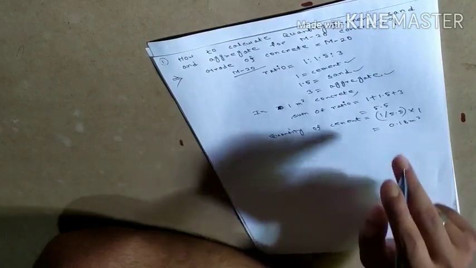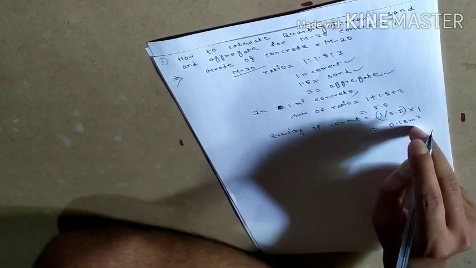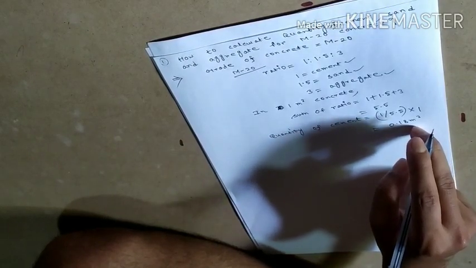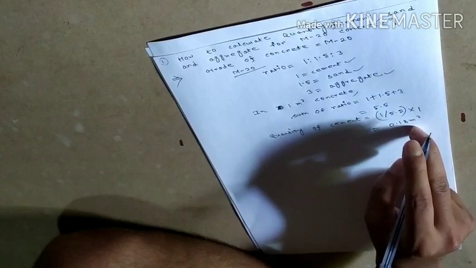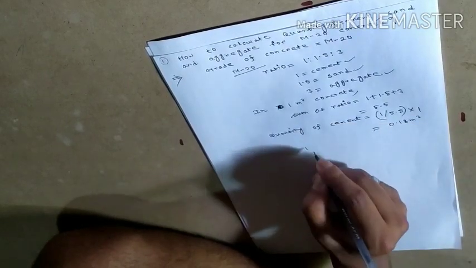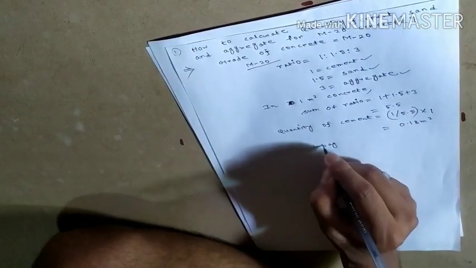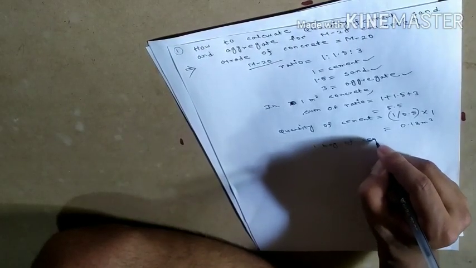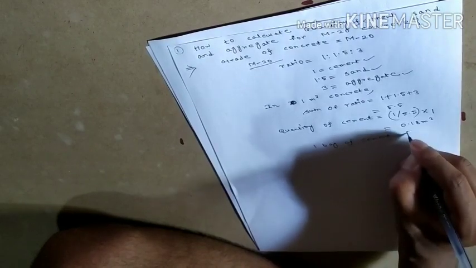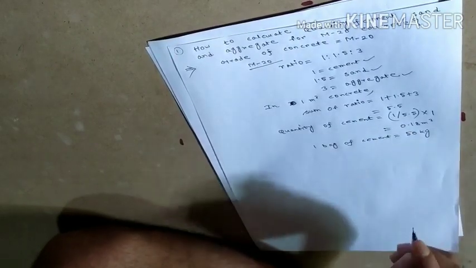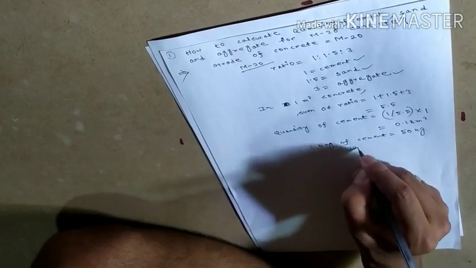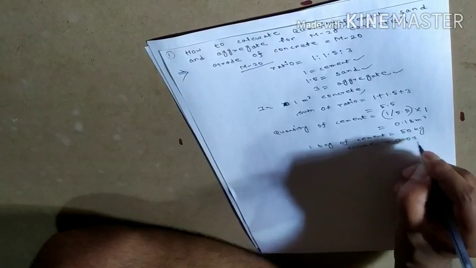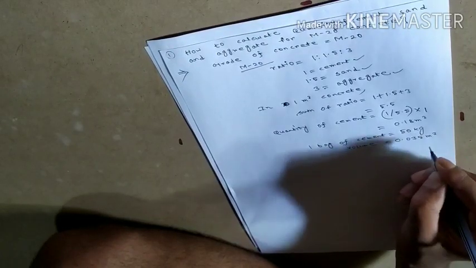Now I calculate cement volume and weight. One bag of cement weighs 50 kg. Its volume is 0.035 meter cube.